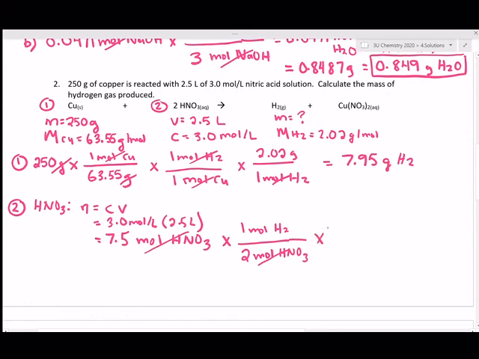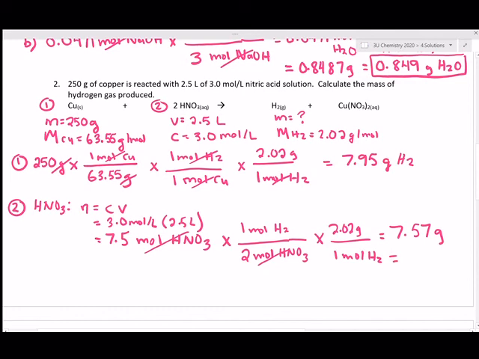So I'm just going to keep on going and say I know that 1 mole of hydrogen weighs 2.02 grams. And then starting back here, I'm going to take 7.5, divide it by 2, press equals, then multiply by 2.02. And in so doing, I'm going to get 7.57 grams.